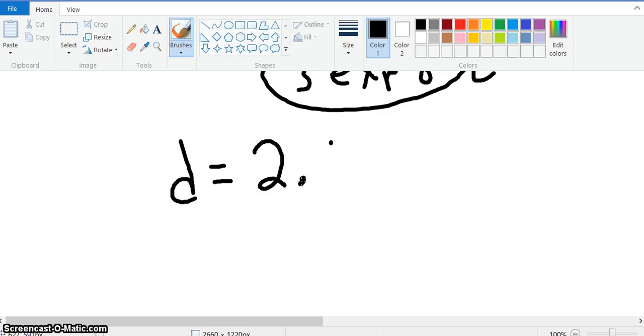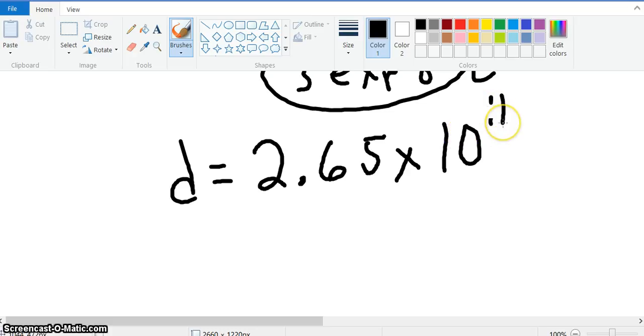So it's 2.65, and I have an E11. The way you write the answer is, that literally means times 10 to the 11th.